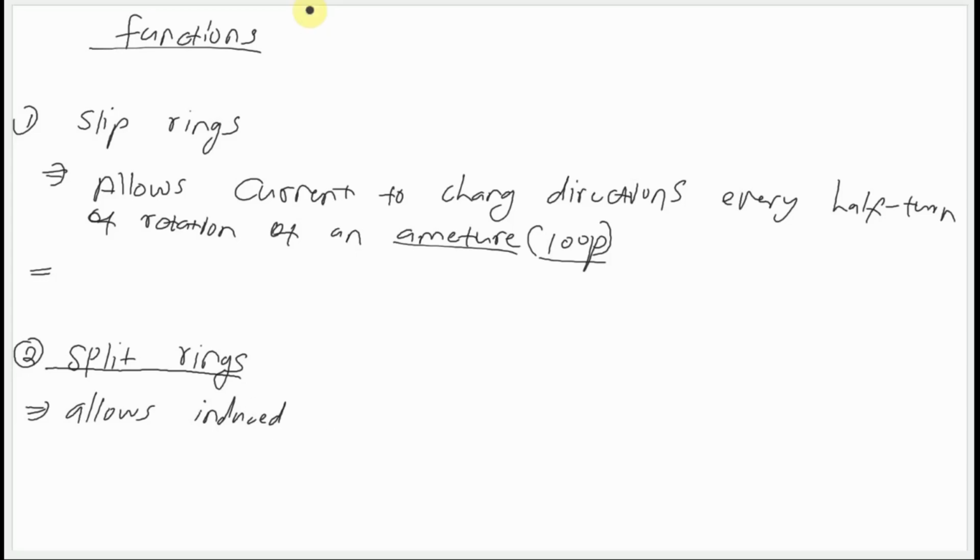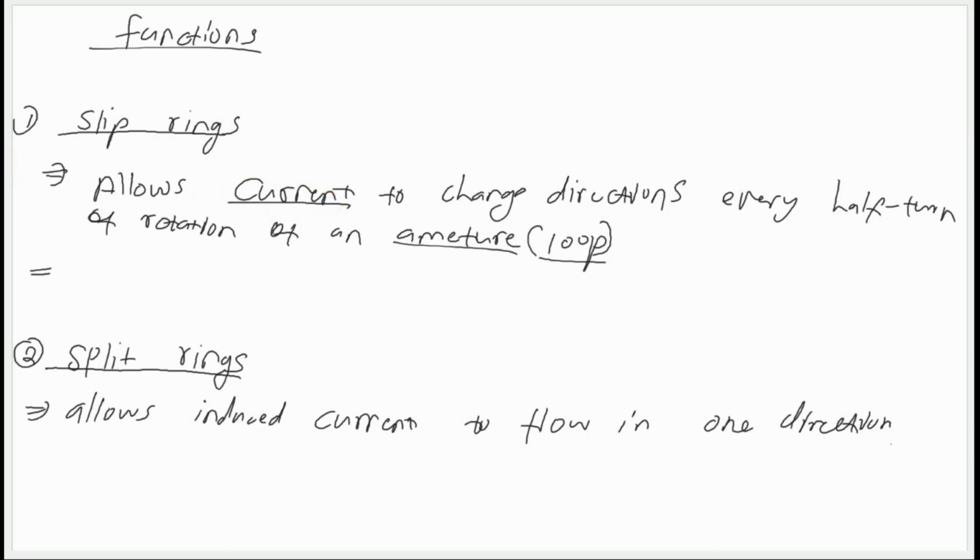Let me just put current because I've also used current here. Induced current to flow in one direction. So these are the distinct differences between these two rings. The other ring allows the current to change direction.